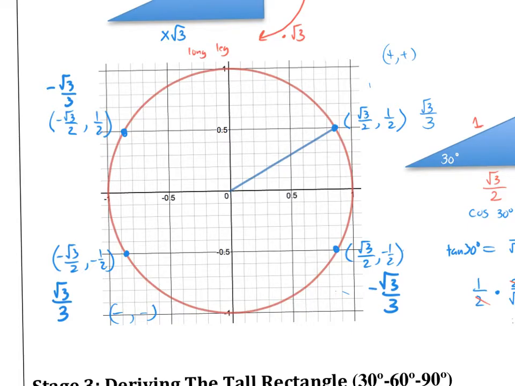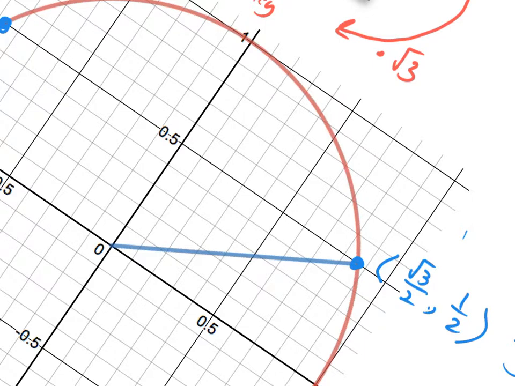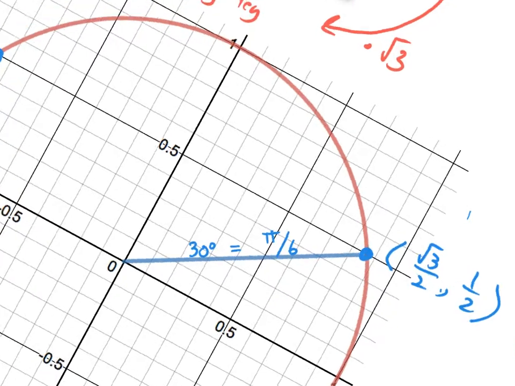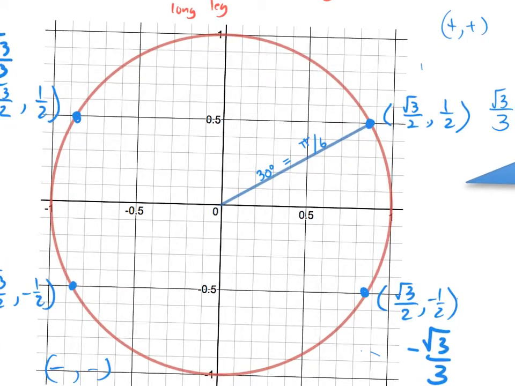Now, of course, the next question is, how do we count? Here's 30 degrees, which you may or may not know is pi over 6. But that's something you should just memorize. So how do we get to the other ones here? How do I get to this right here, and this right here, and this right here?